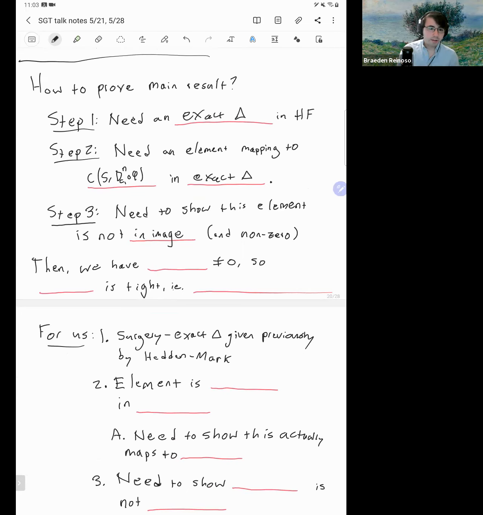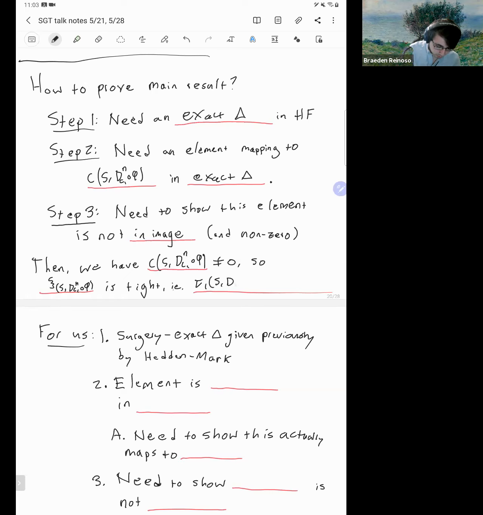And if you can do that, well, then what do you get out? You get out that the contact invariant after you add some Dehn twists is non-zero. And so if the contact invariant is non-zero, then that tells you that the contact structure associated to that open book decomposition is tight.